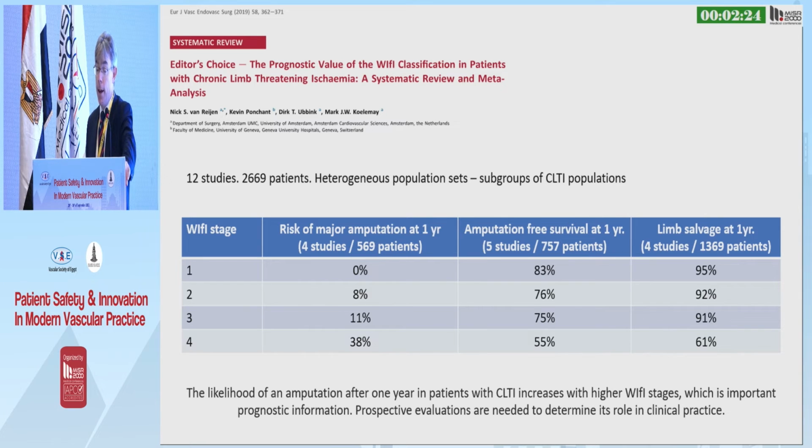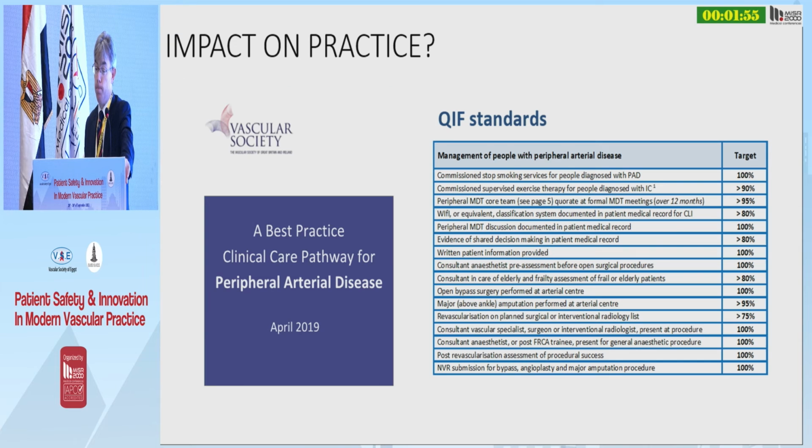As your WIfI stage increases, your risk of major amputation at 1 year increases, your amputation-free survival reduces, and your likelihood of limb salvage at 1 year also reduces. The data on WIfI is more mature, and it definitively predicts poor outcome in patients.